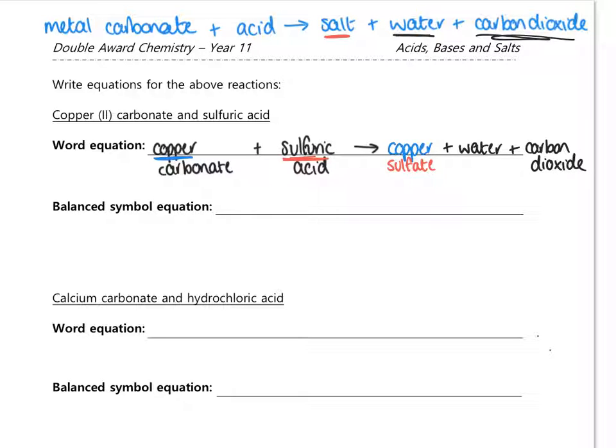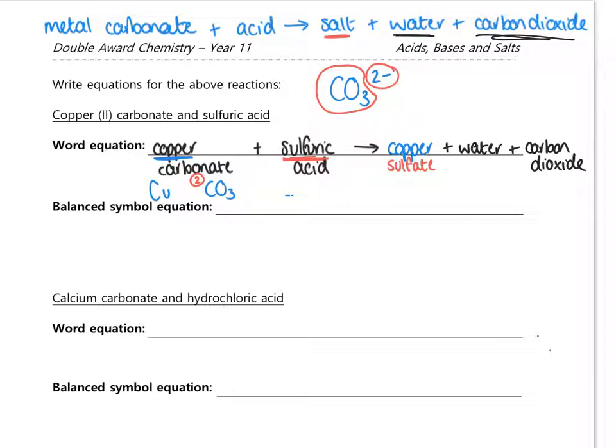Okay, now for my balanced symbol equation. Again, we have to do a little bit of work with our swap and drop here. So for copper carbonate firstly, copper is Cu, and carbonate appears in the back of your periodic table as CO3 2-. First thing is that I write down everything bar the charge, which is CO3. I then look to my charge for my valency. My charge is 2-, and so my valency is 2.